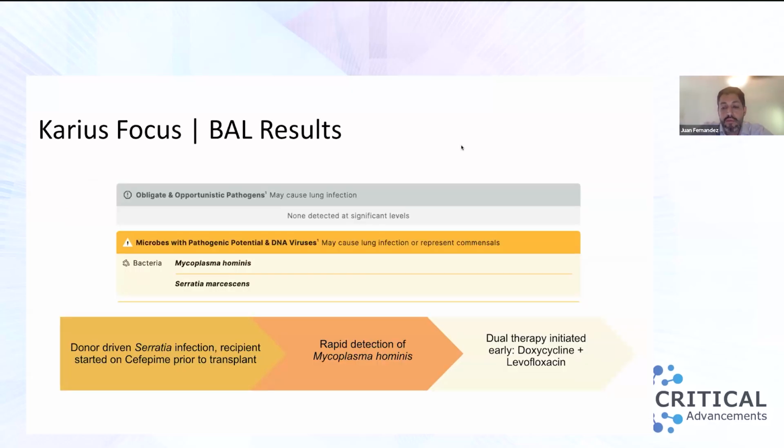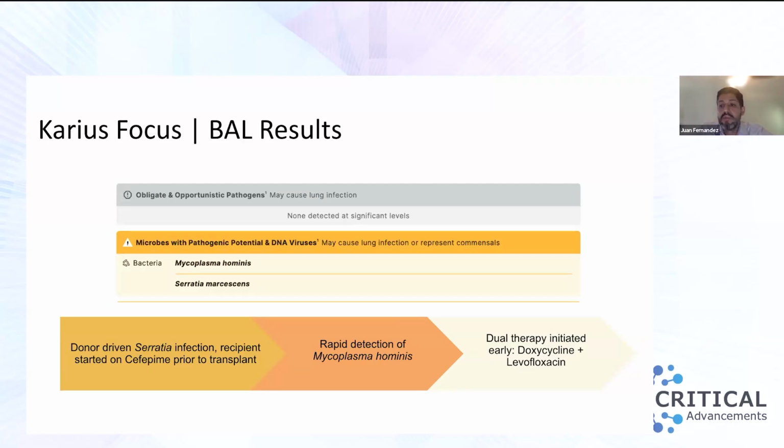One of the things we encountered was that Karius was really helpful in identifying these pathogens. The patient had Serratia in the bronchoscopy that was treated with cefepime, but then we quickly identified, I think within 2 days after the transplant, that the patient also had Mycoplasma hominis, which allowed us to quickly start antimicrobial therapy that otherwise wouldn't have been initiated if this test hadn't been sent.